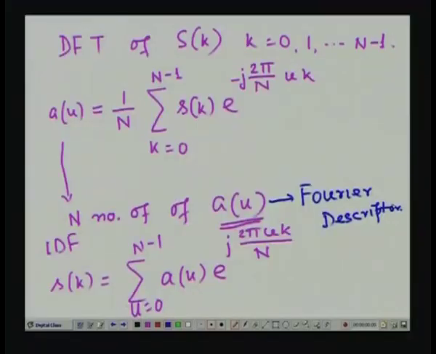Now, in most cases, for representing a shape, we normally do not consider all the capital N number of Fourier descriptors, that is, all the coefficients in this Fourier descriptor.